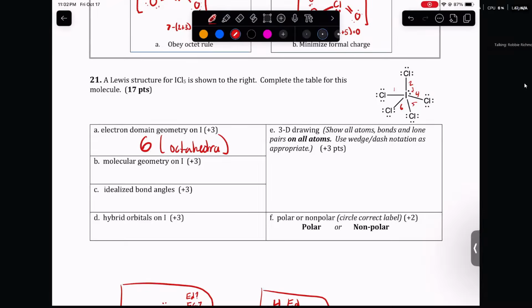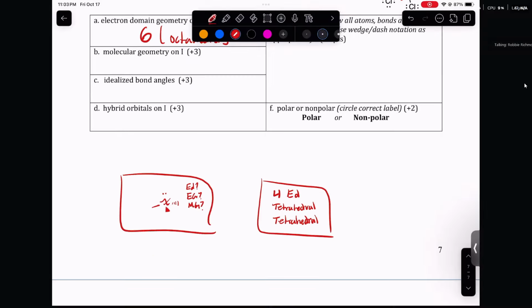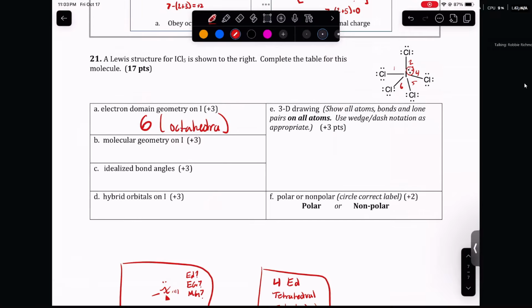Then I see 1 lone pair, and if you did those flashcards right, 1 lone pair with an octahedral electron geometry will make it square pyramidal molecular geometry. Now, for any octahedral molecule, the idealized bond angles, that would be 90 degrees.